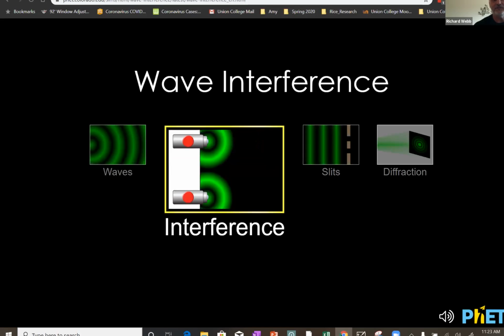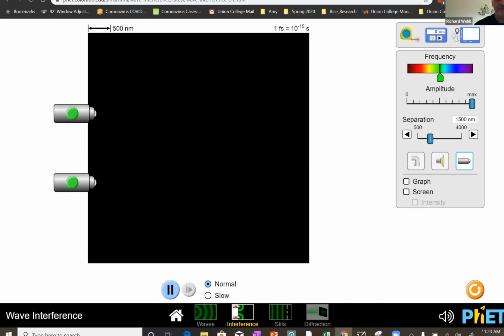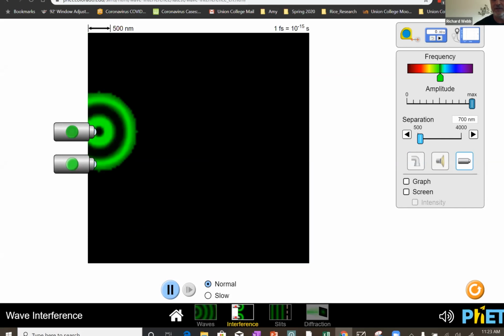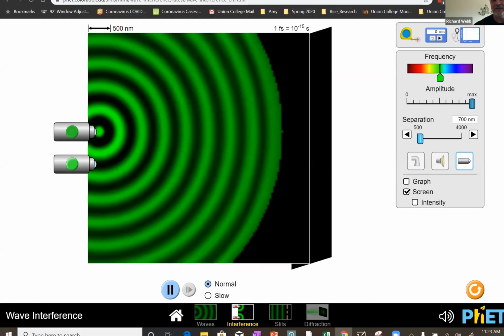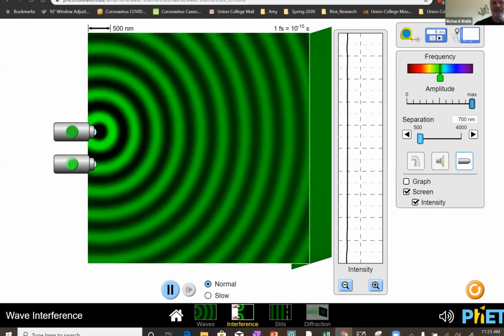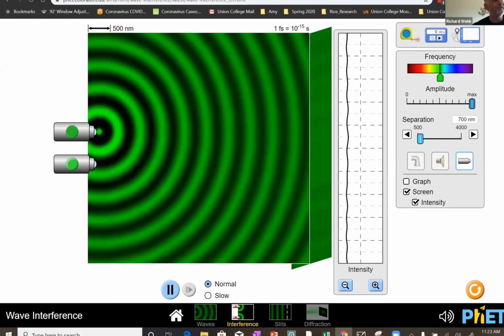We use the interference option for the first 2, turn it to the laser option, only turn on 1 laser, and I can put it at the center. I told you to turn on the screen, and I like to run the intensity up so I can see it. Now that looks pretty similar, but it's very uniform.